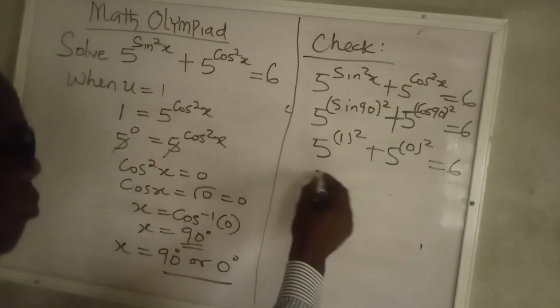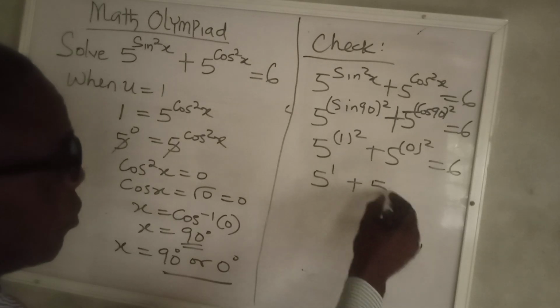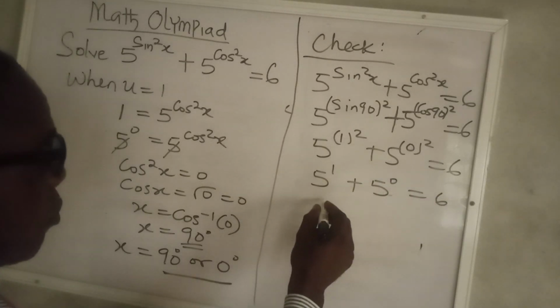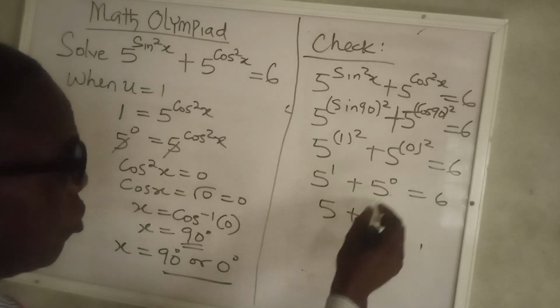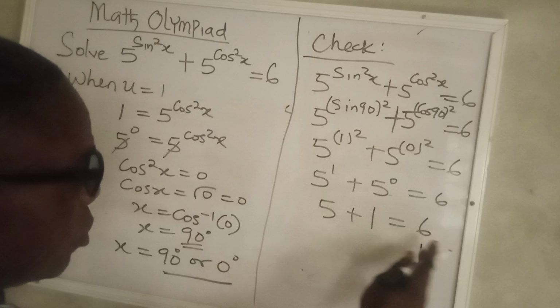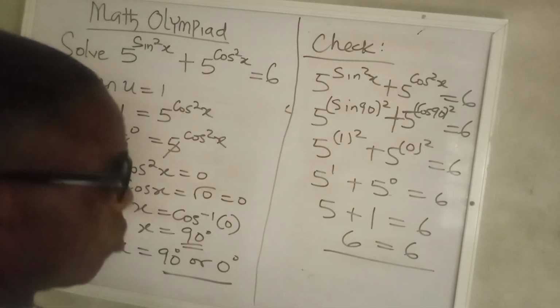So this is 5 raised to power 1 plus 5 raised to power 0 equals 6. Any number raised to power 0 is 1. So we have 5 plus 1 equals 6. Therefore, 6 equals 6. That means our solution is correct.